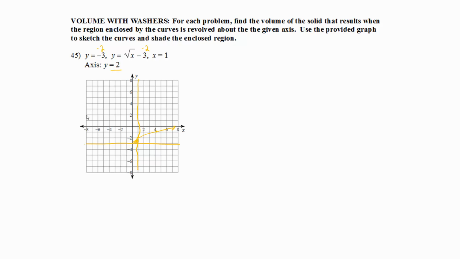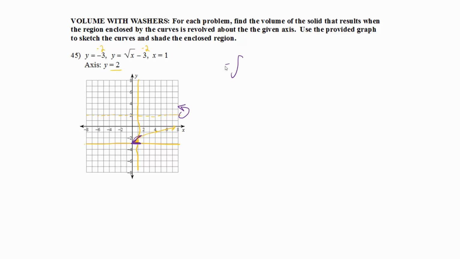Now we are rotating this around y equals 2. And so that means that we're not going to do top minus bottom, because we're really actually trying to do outside, which this is farther out from where we're rotating, minus the inside. And so we want to do the -3 part of this first, although we want to subtract 2 from both of these as well.